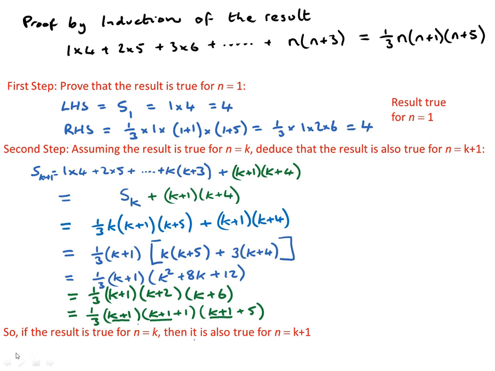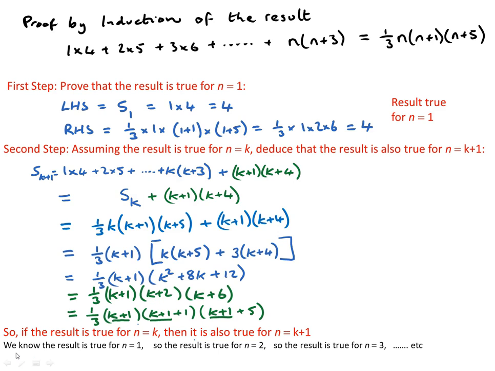We know the result is true for n equals 1 by the first part of the induction. If it's true for n equals 1, then it's definitely also true for n equals 2 by the second step. If it's true for n equals 2, then it's also true for n equals 3 by the second step again.